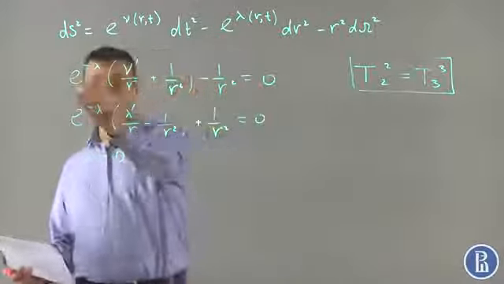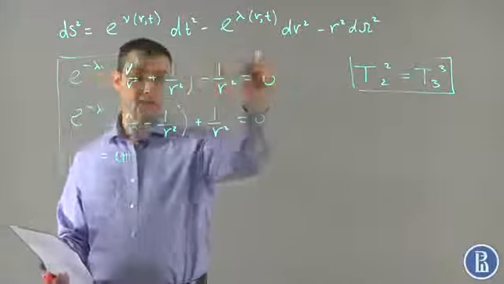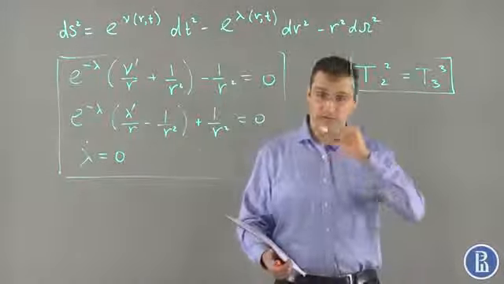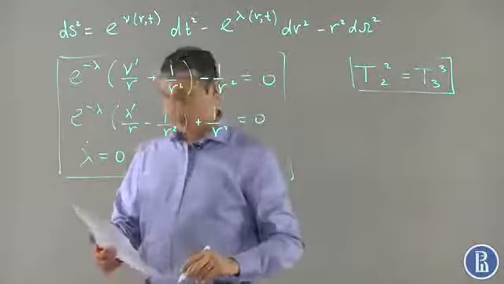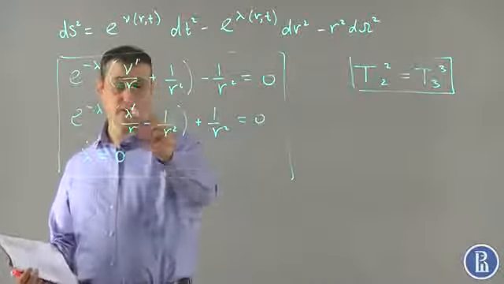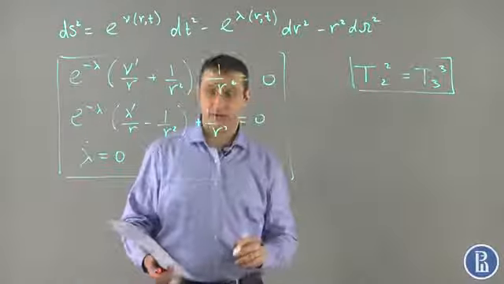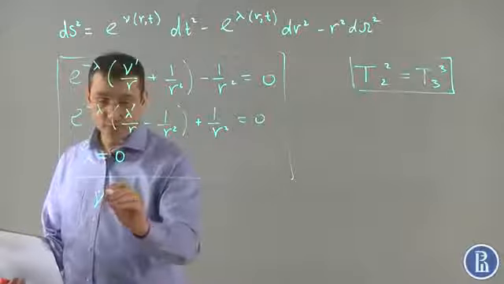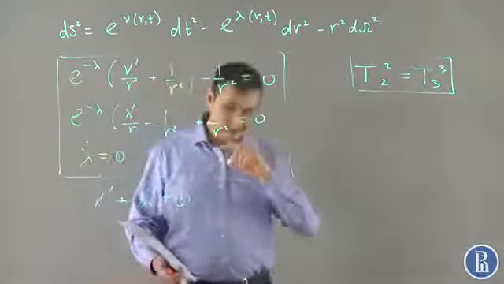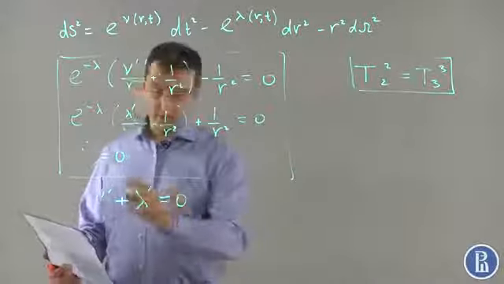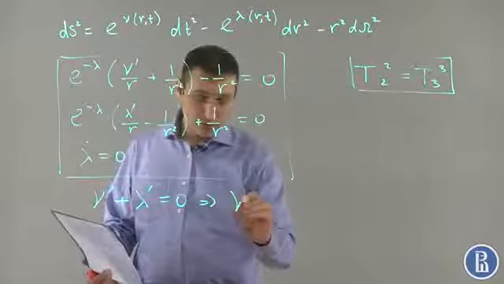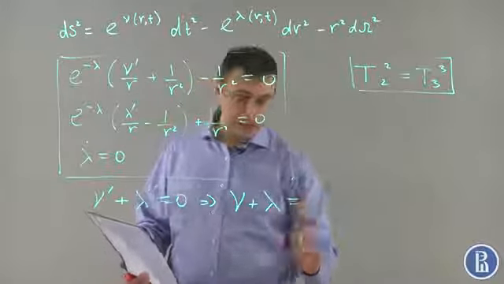Now we are going to find a non-trivial solution of these equations. It is not hard to see that if we take a sum of these two equations, we obtain that nu prime plus lambda prime equals 0. Because this is a derivative with respect to r, it means that nu plus lambda can be a function of time only.